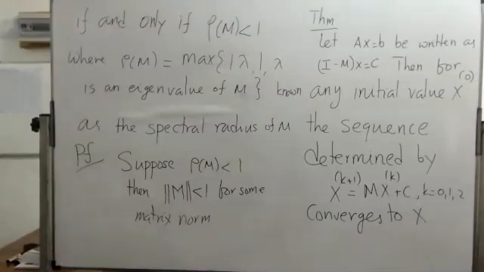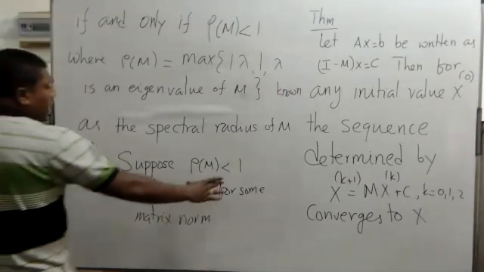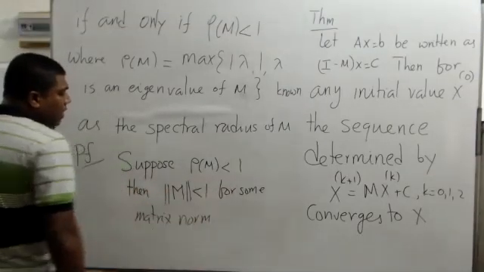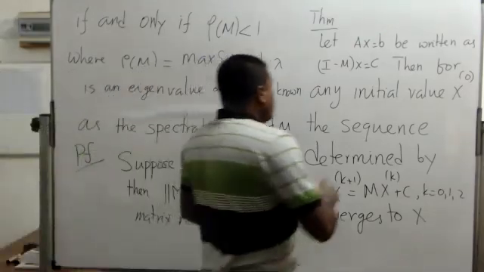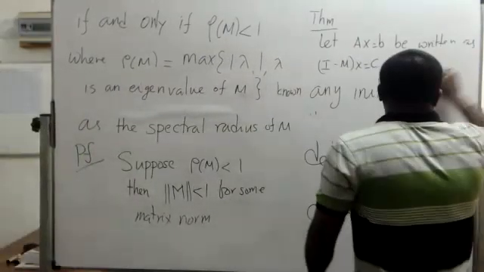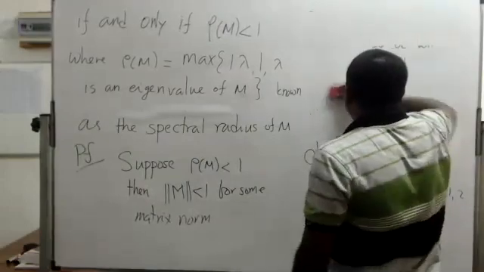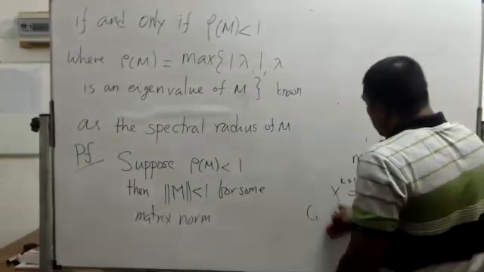Now we see that if the spectral radius of M is less than 1, then there is a matrix norm such that the norm of the matrix M is less than 1. So now we have to prove the convergence. That is not a big thing.